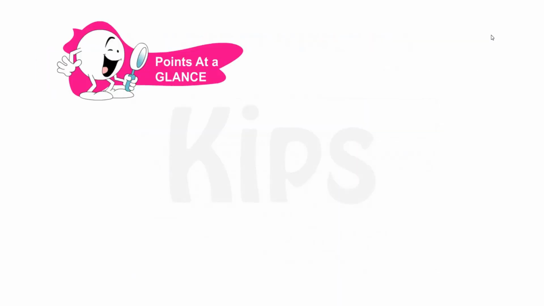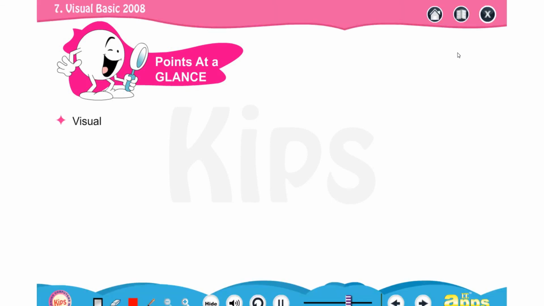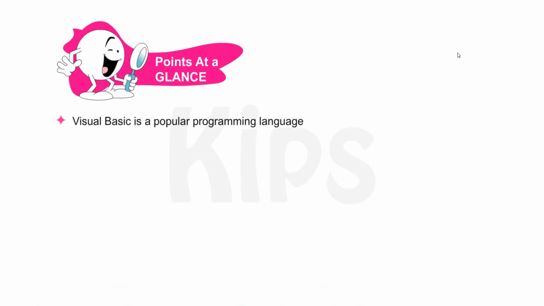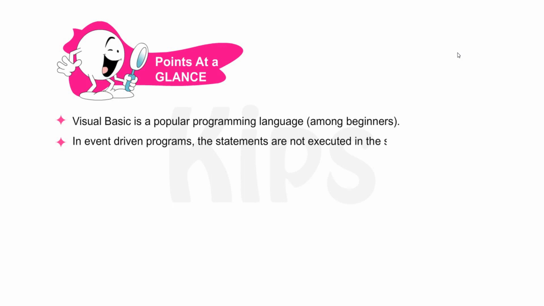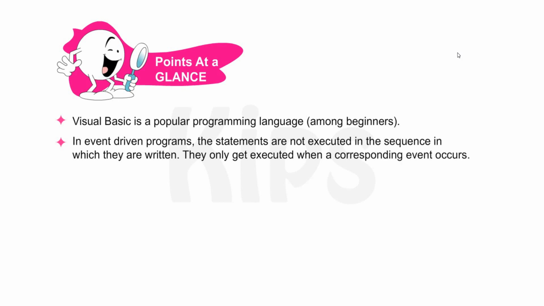Let us quickly glance through the key points discussed in this chapter. Visual Basic is a popular programming language among beginners. In event-driven programs, the statements are not executed in the sequence in which they are written. They only get executed when a corresponding event occurs.